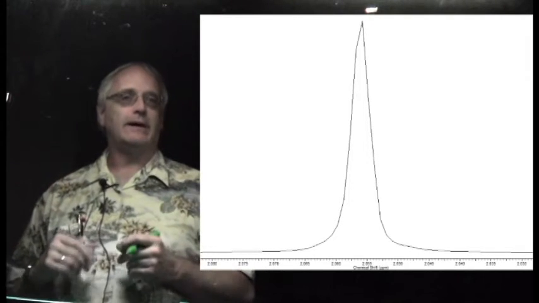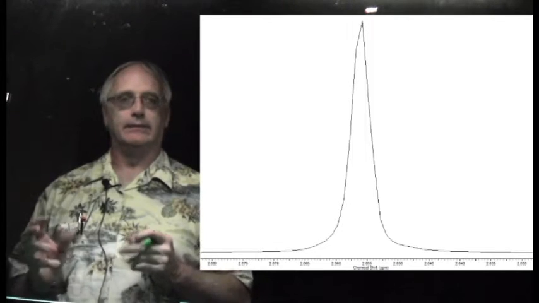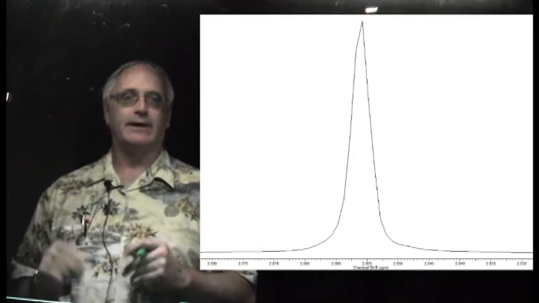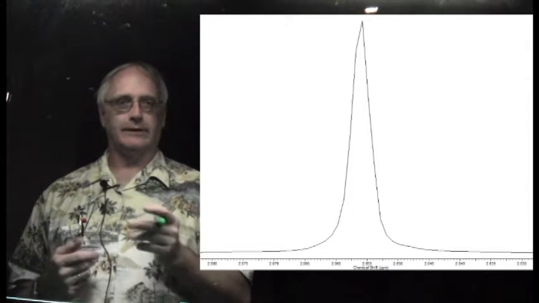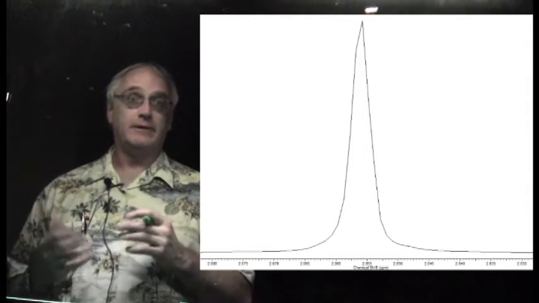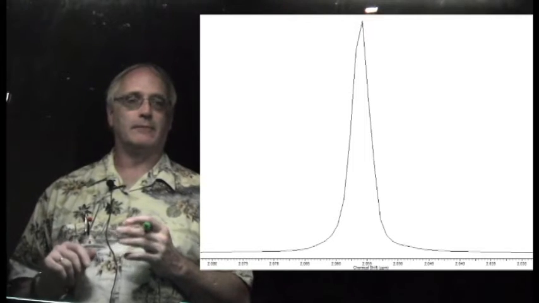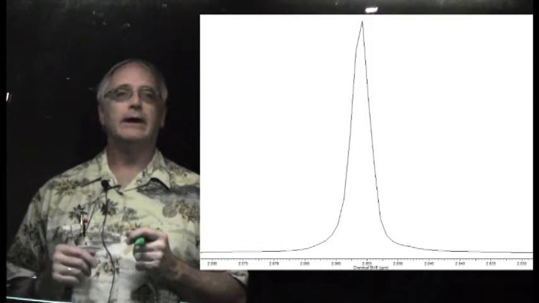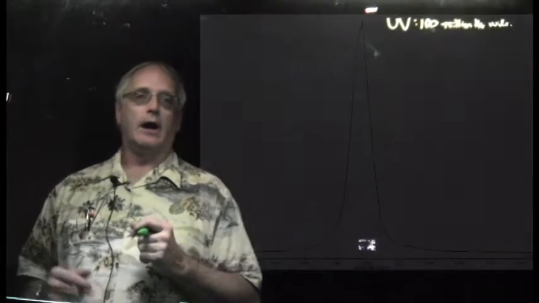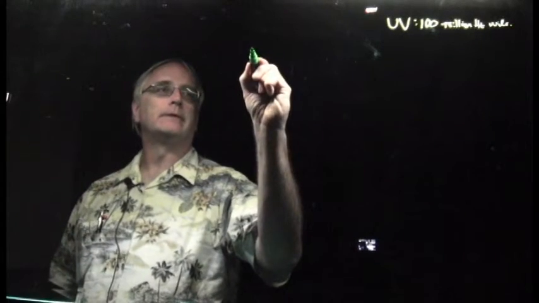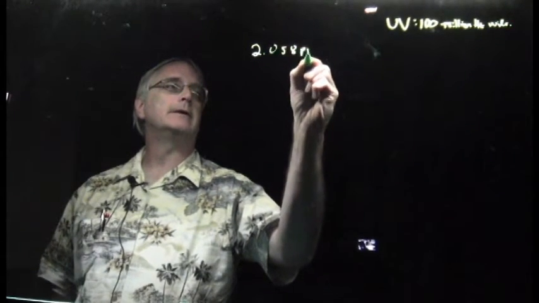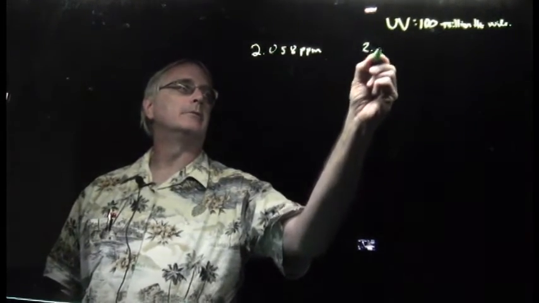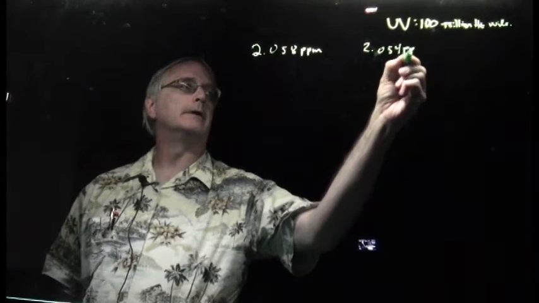I've taken that one peak and magnified it greatly, and I'm applying the same kind of measure of peak width. I want to look at the ppm value roughly halfway up on the right side and on the left side of this peak. The numbers are approximately 2.058 ppm to approximately 2.054 ppm.